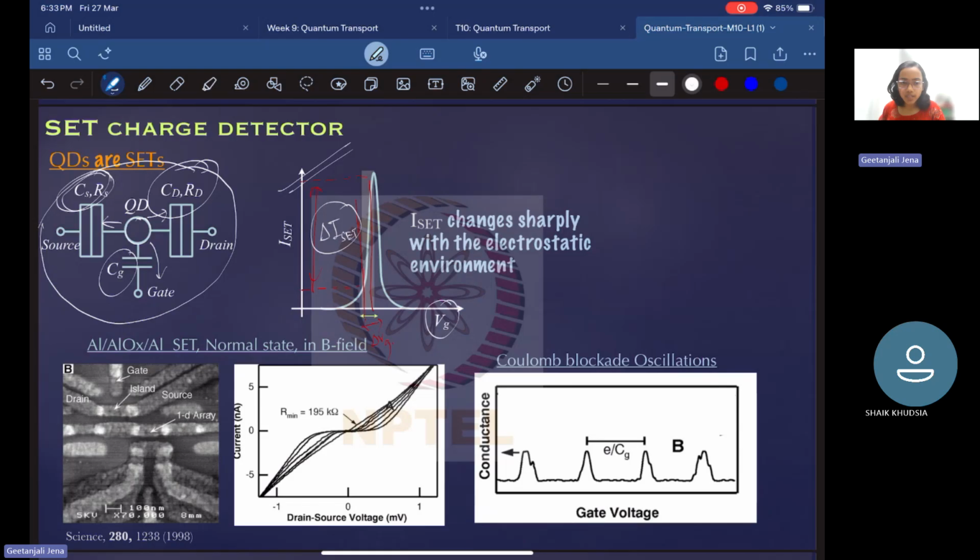So even though we are applying a small gate voltage, it's still possible to detect the current. There is a large change in the current, so we can use these characteristics of the SET to sense the charge.